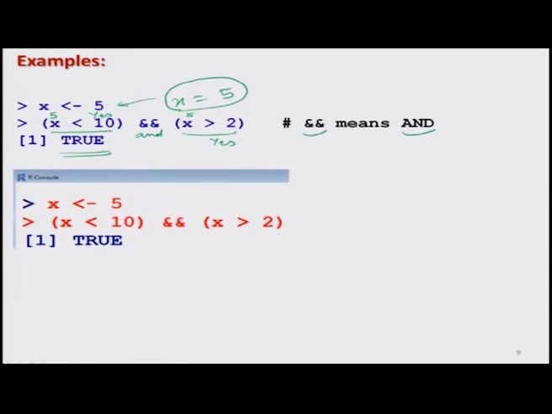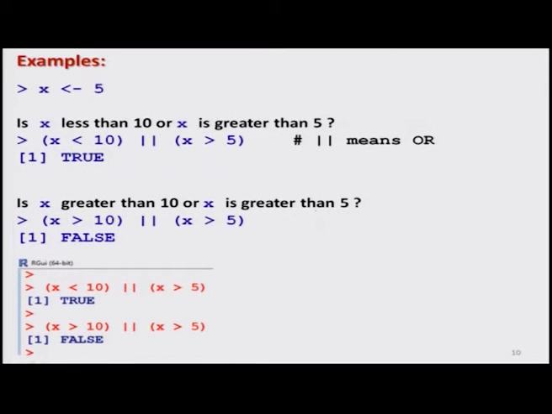And this is the same screenshot of the same operation which I can do on the R console also. Right. Now, after this, another thing I would like to show you here, just continuing with the same slide: suppose I take x equal to 5, and I want to check whether x is less than 10 or x is greater than 5.